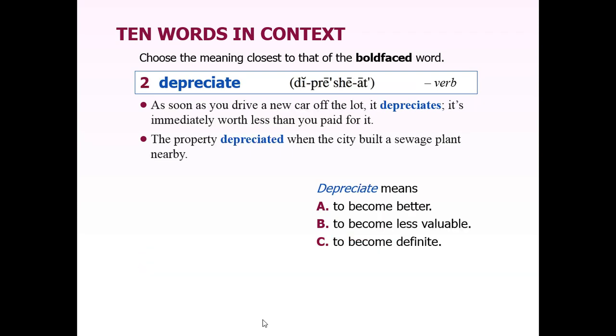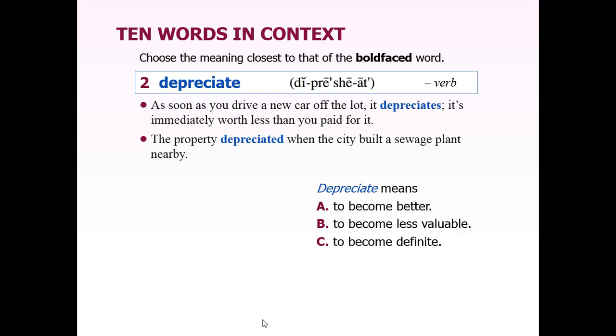Number 2, depreciate. The property depreciated when the city built a sewage plant nearby. If we look at the prefix DE, the prefix usually means less, or to make less, away. So DE means to make something less. If we look at A, B, and C choices, B is the only one that has less in it.